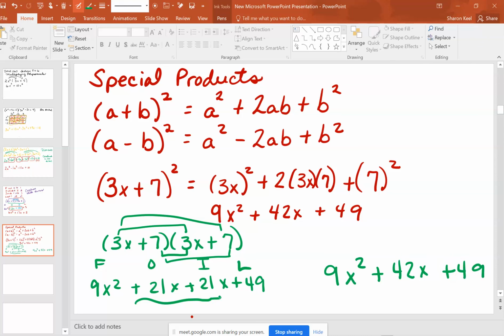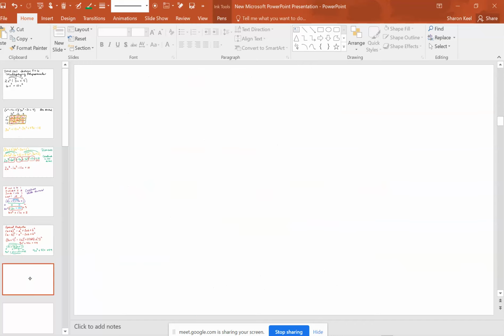So when you are working in the next section and you're looking at special products, you can use these formulas and multiply using the shortcut, or you can simply take the problem that you have and FOIL it. So let's say we have 5x plus 9y squared.